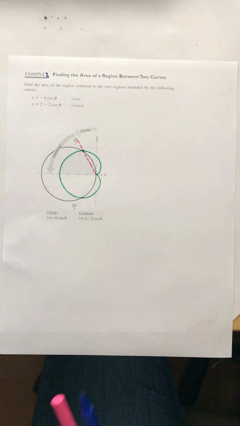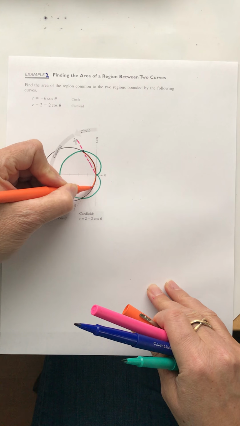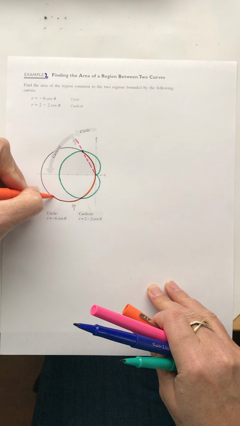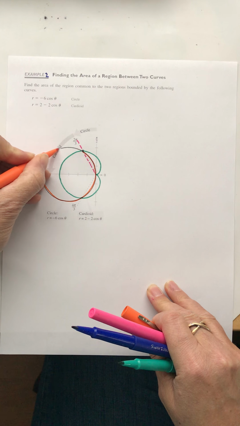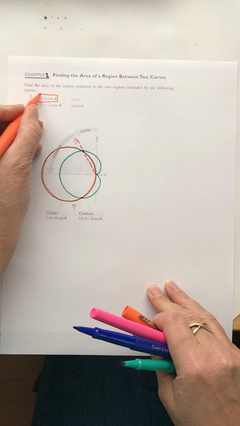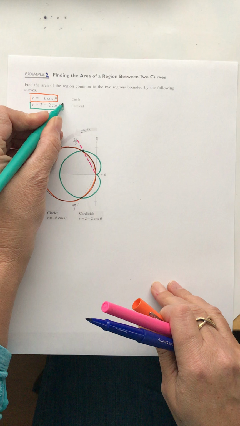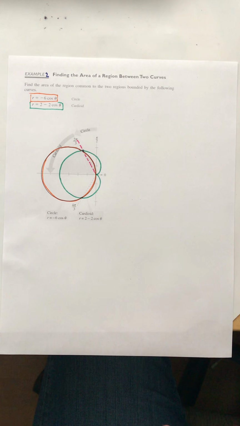And then this is the circle. So find the area of the region common to the two regions bounded by the following curves.